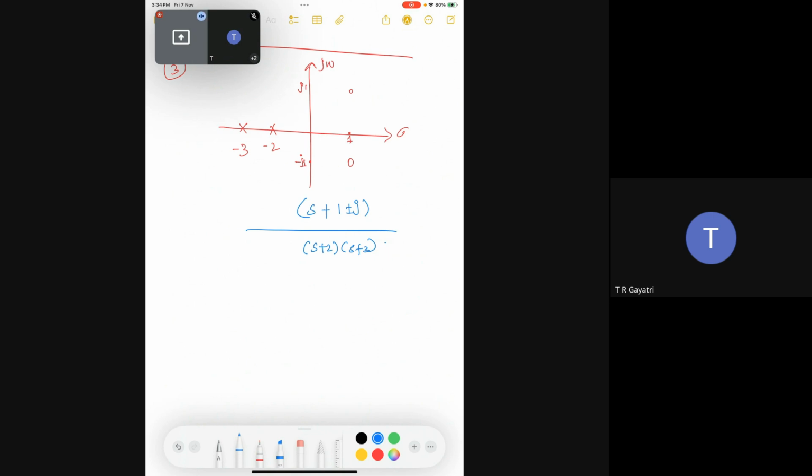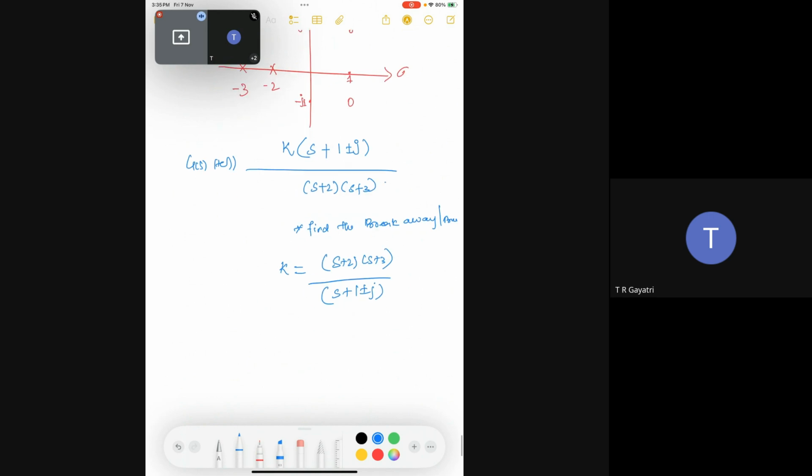Now I can ask to find the breakaway and break-in point. This can be one answer. You just need to find it. So add k here for the loop transfer function G of s H of s. Then equate k equal to minus 1 by [(s plus 2)(s plus 3)] divided by [(s plus 1) plus or minus j].